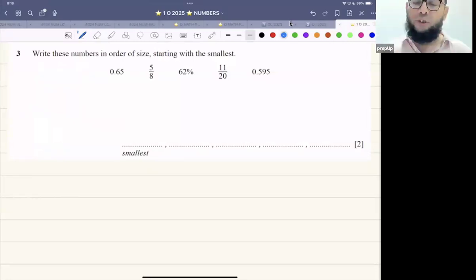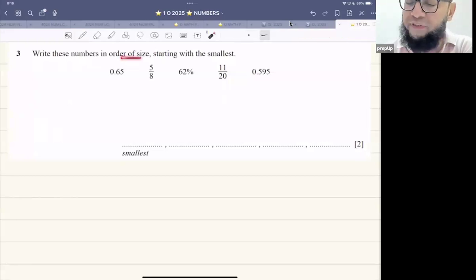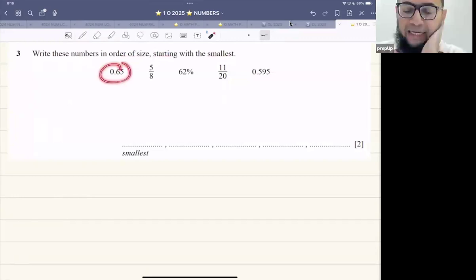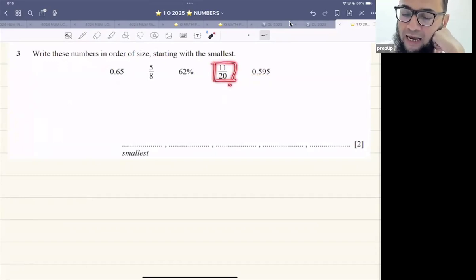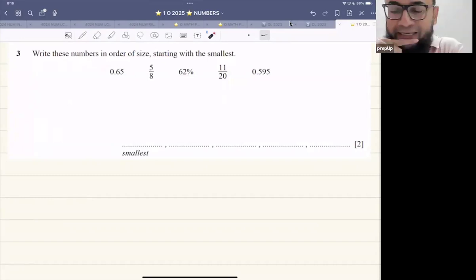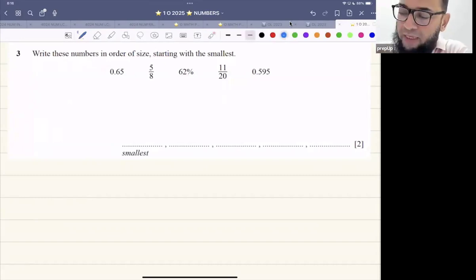So now the question says, write these 5 numbers in order of size starting with the smallest value. This is a decimal, can be converted into percentage, or percentage can be converted to decimals. This is already in decimals. 11 over 20 and 5 over 8. Now what I can do is let me multiply it out.